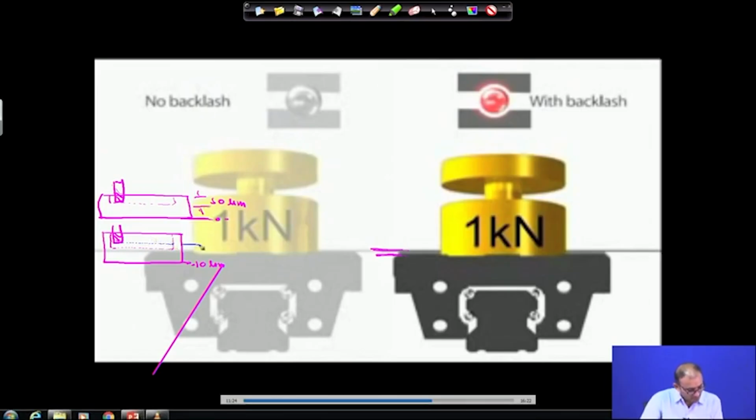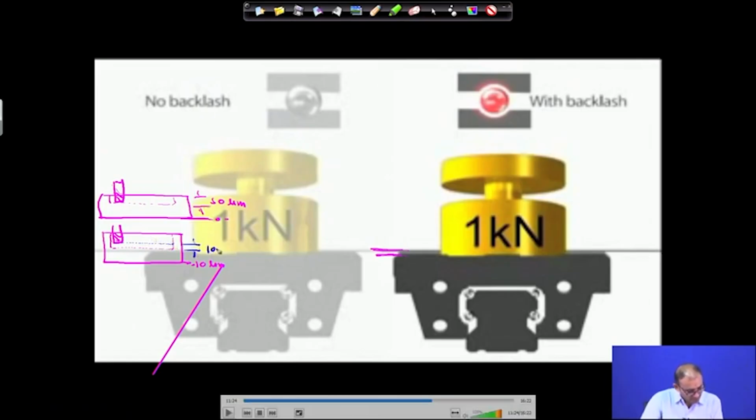So, you are getting a dimension difference of 10 micron. Your depth of cut requirement is 50 micron, but what you are getting is 40 micron, correct. So, 10 micron is moved down because of this backlash.